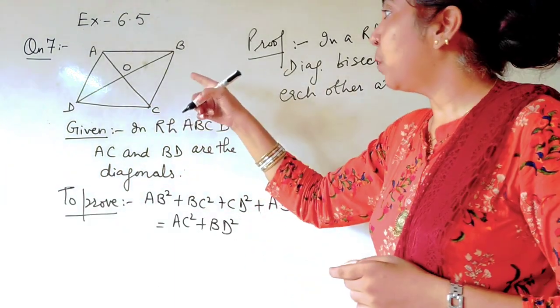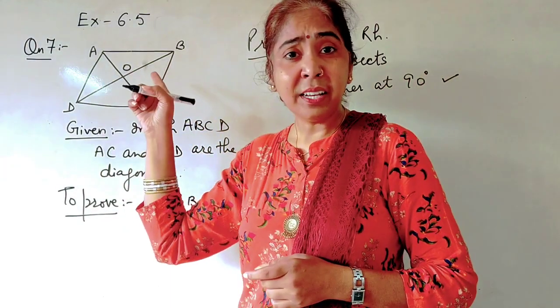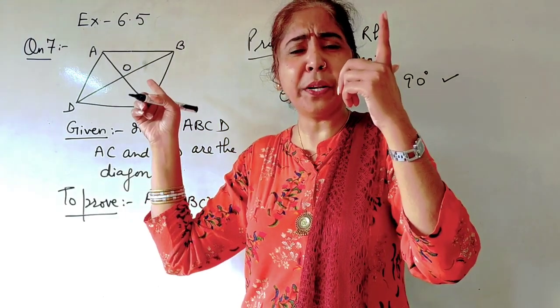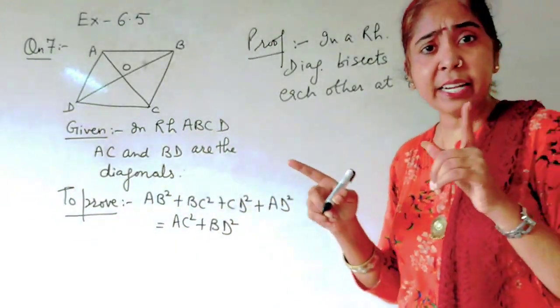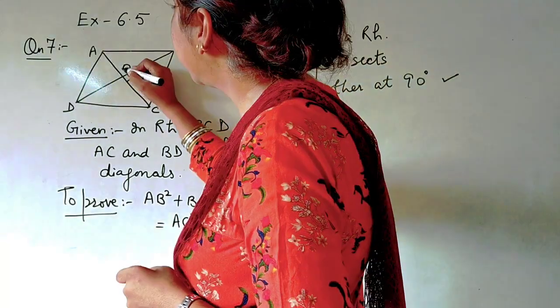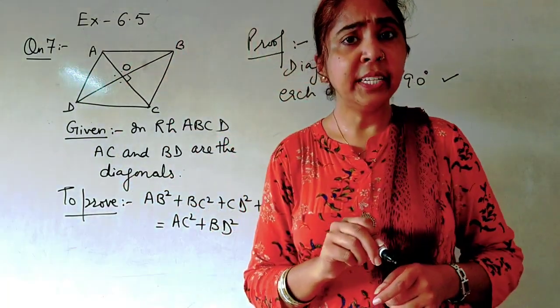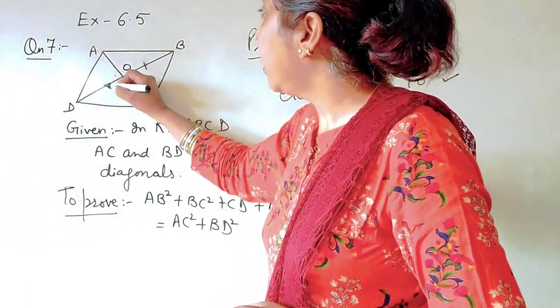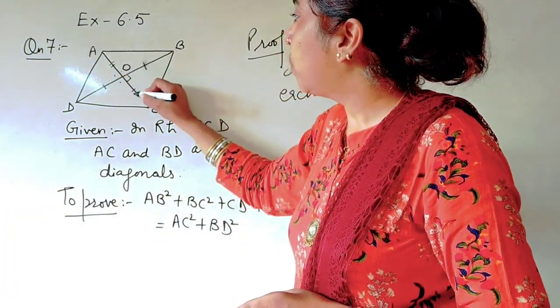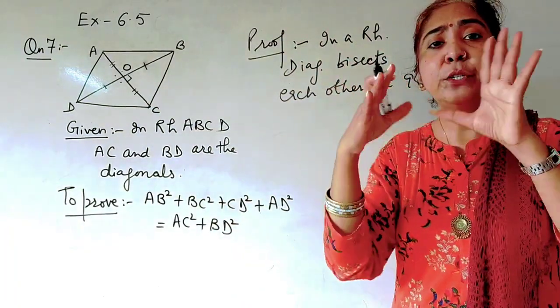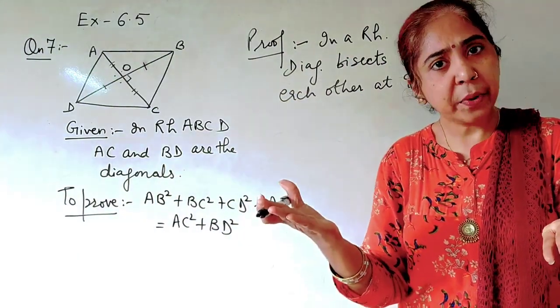So in a rhombus, if you are not able to see the right angle here, just think over the properties. We have a property that diagonals bisect each other at 90 degree. That means all these angles are 90 degree, and BO is equal to DO, AO is equal to OC. Bisect means in two equal parts, right?